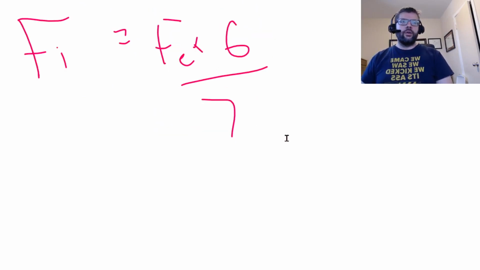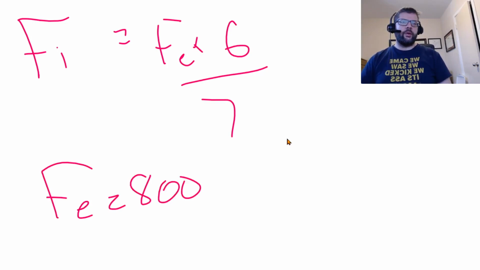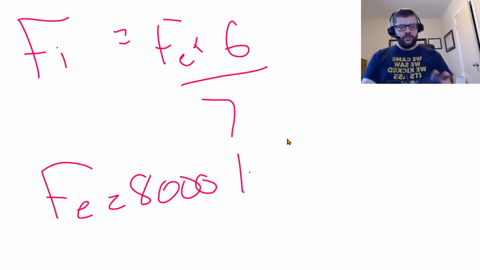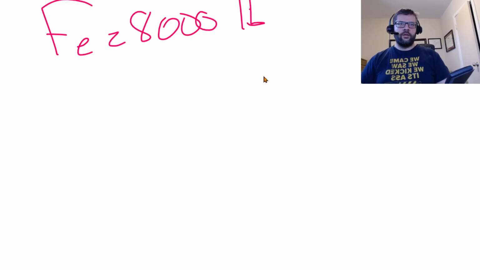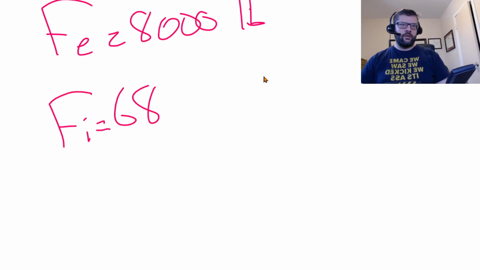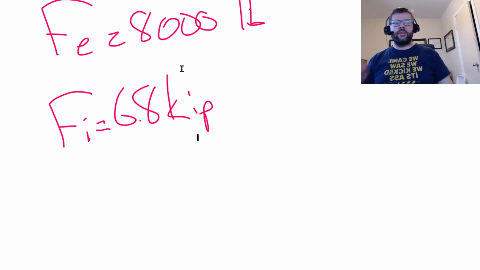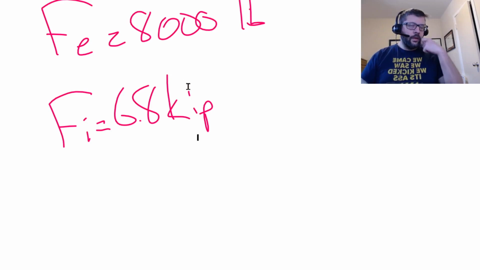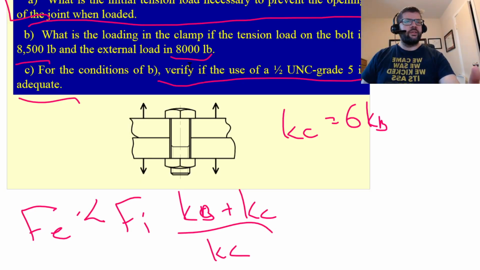So our external load, or FE, is equal to 8,000 pounds. So our initial tightening needs to be 8,000 pounds times 6 over 7. So that'll need to be 6.8 kips. So we got that.